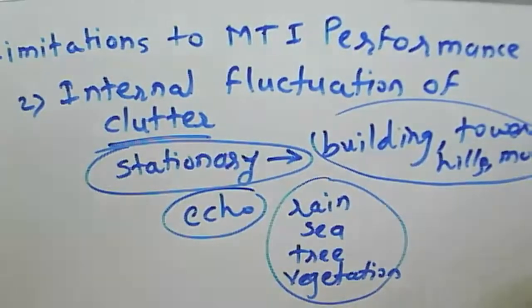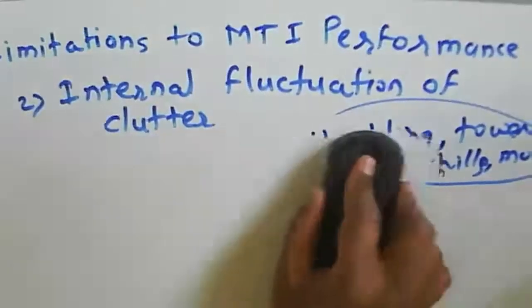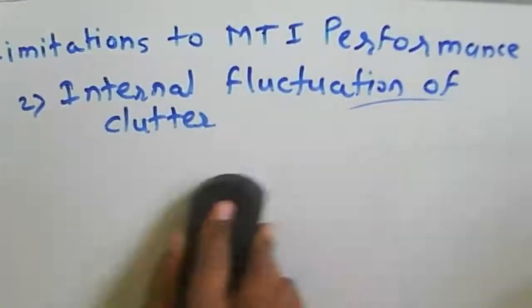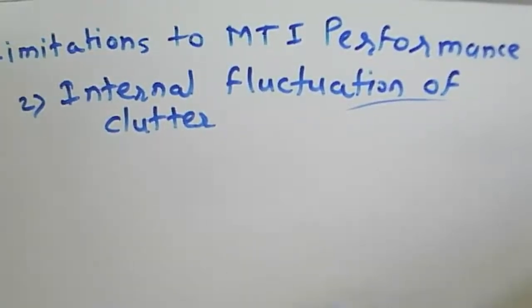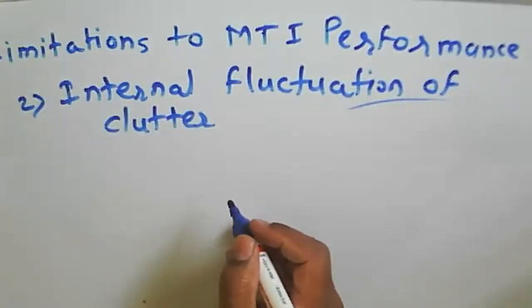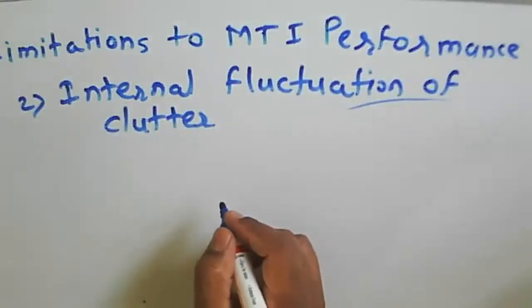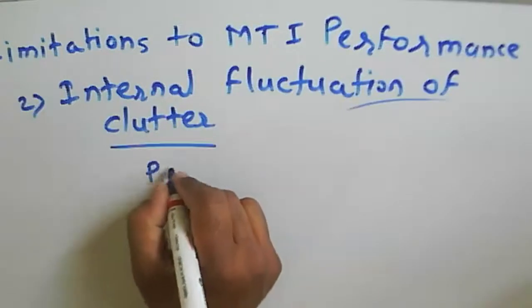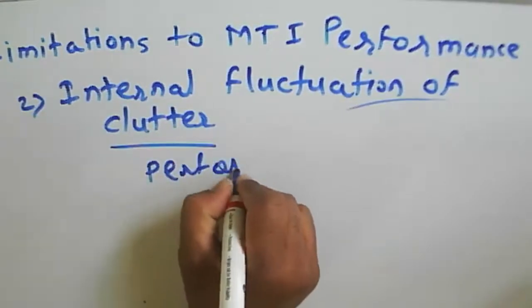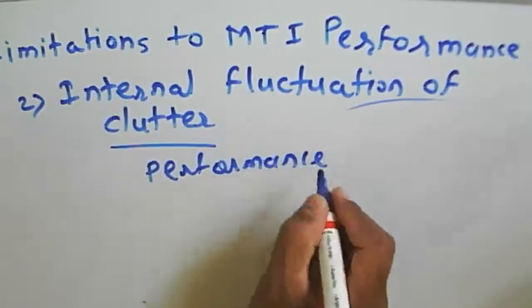Now we will consider what clutter information we are getting. Various echoes from stationary targets, stationary objects, are to be considered, and then we consider the performance of this particular radar.